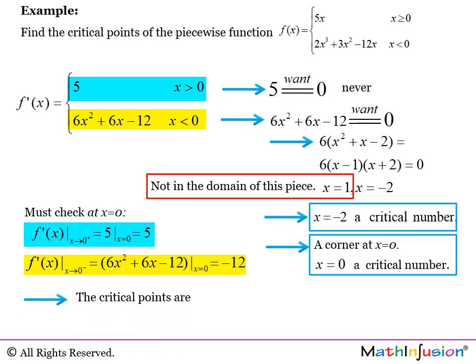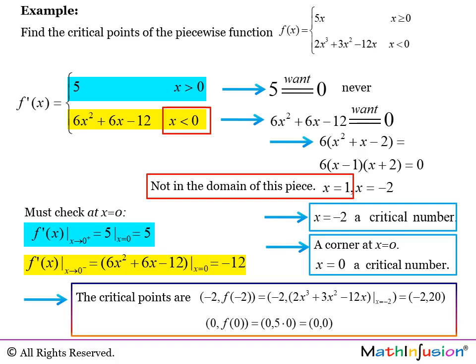So we can conclude that the critical points are -2 and f of -2, which is -220. Just substitute this in the function, please, in the function, not in the derivative. And 0, f of 0, which is 0, 0.